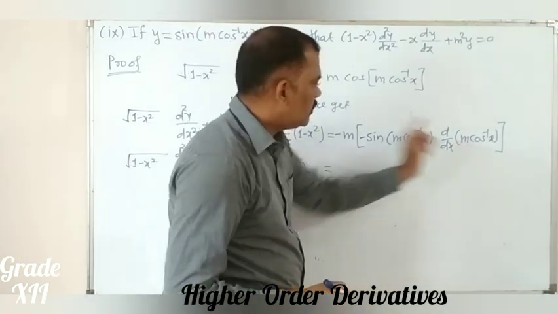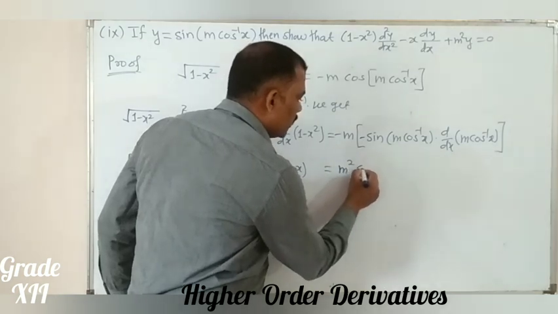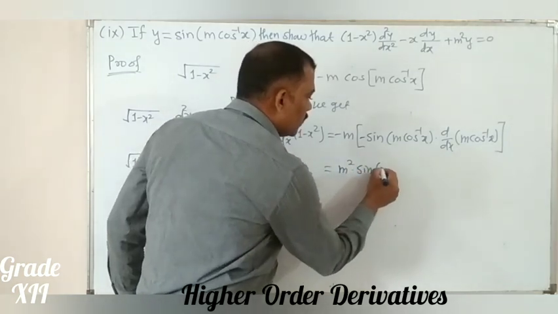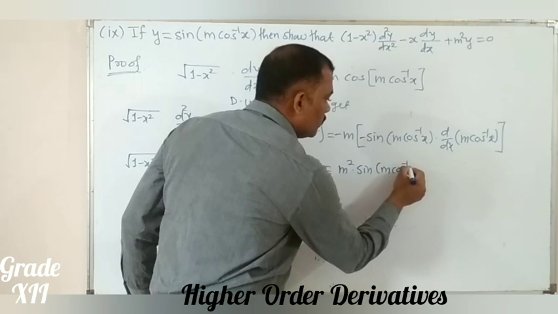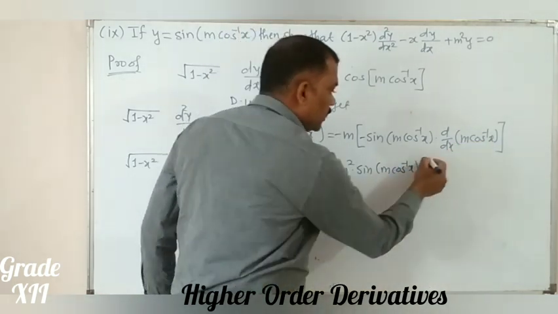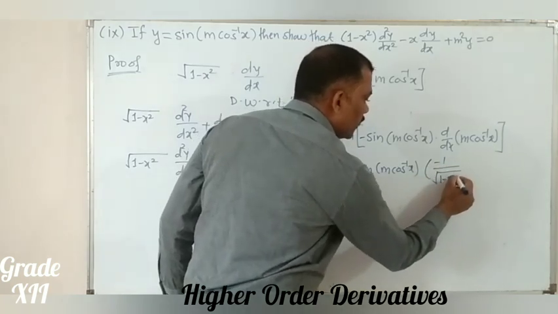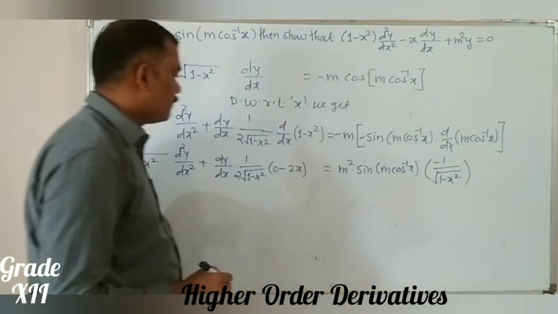Also here m is a constant, so we take it outside, so m square sine of m cos inverse of x. That is into the differentiation of cos inverse of x, which is nothing but minus 1 upon under square root of 1 minus x square.